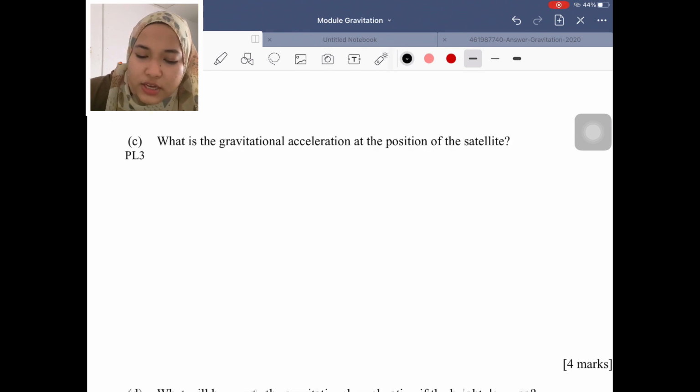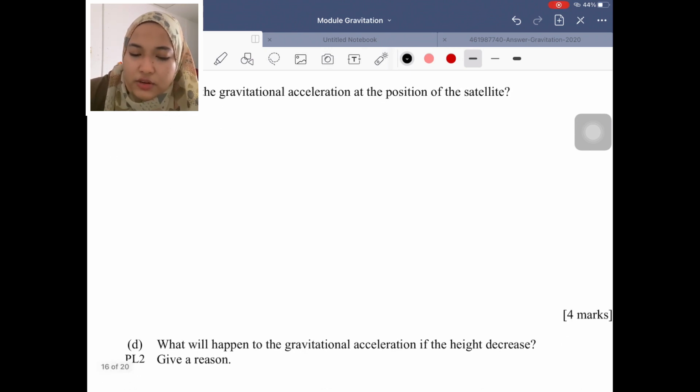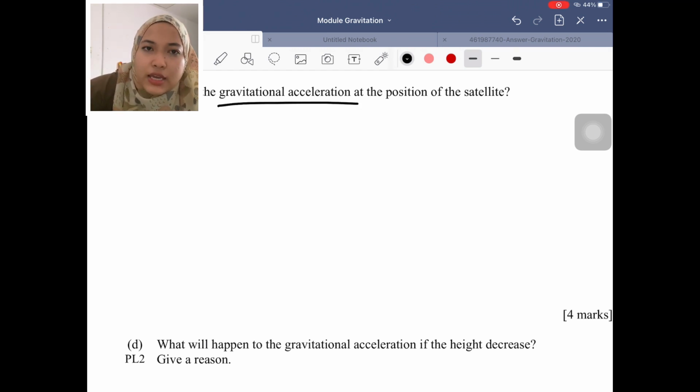Alright, so next question. We already reached towards the end. Okay, so what is the gravitational acceleration at the position of the satellite?